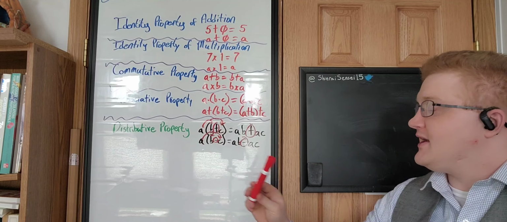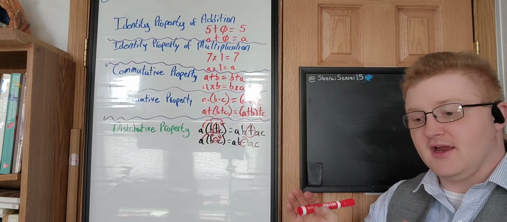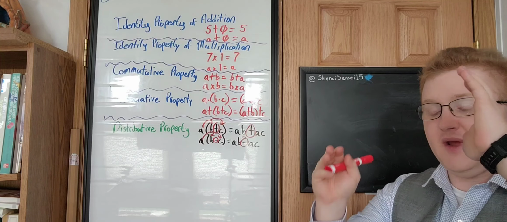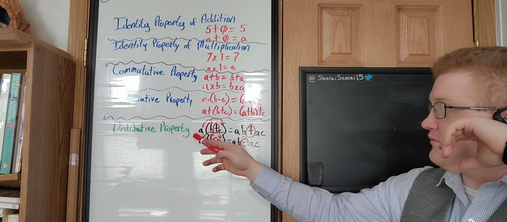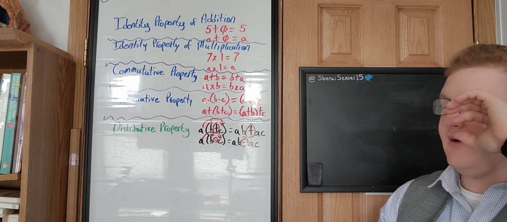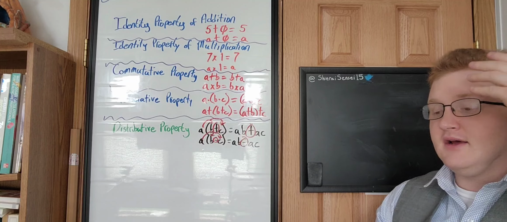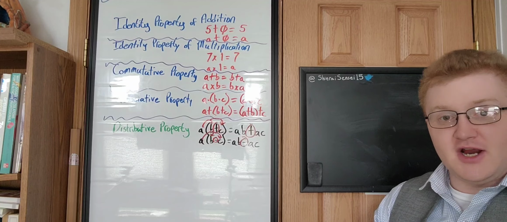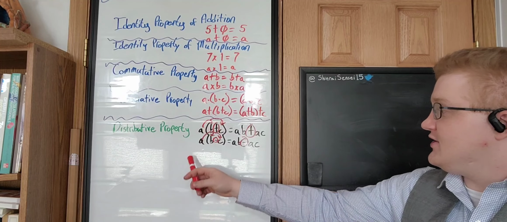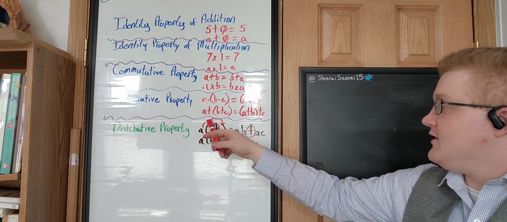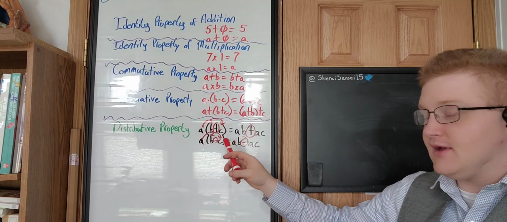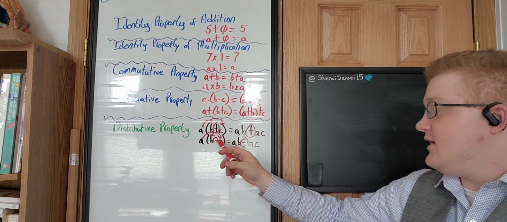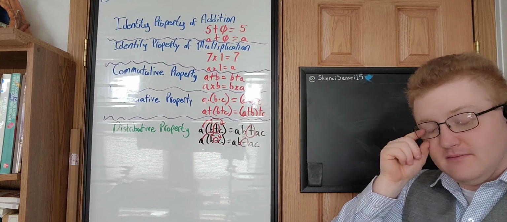But the distributive property basically just means that if you're multiplying a number by parentheses that contain an addition or subtraction problem, right? You can distribute the multiplication to every single number that's being added or subtracted within the parentheses.